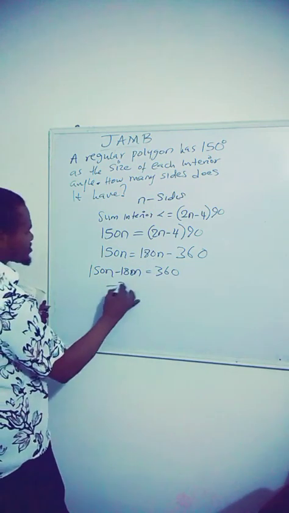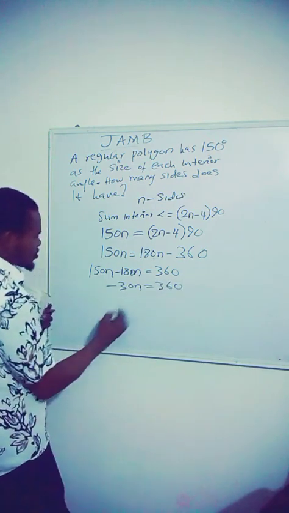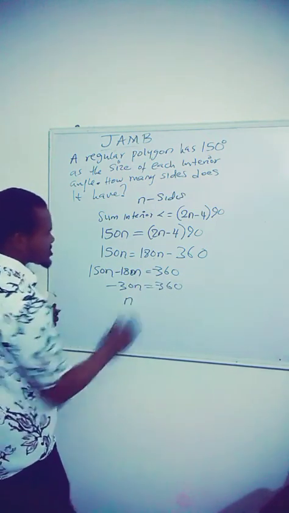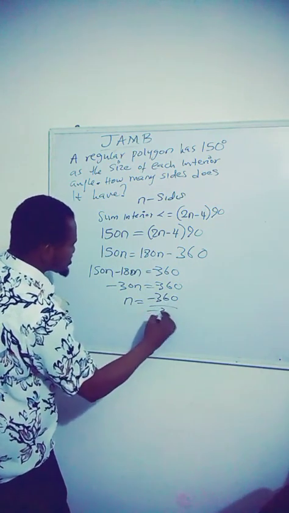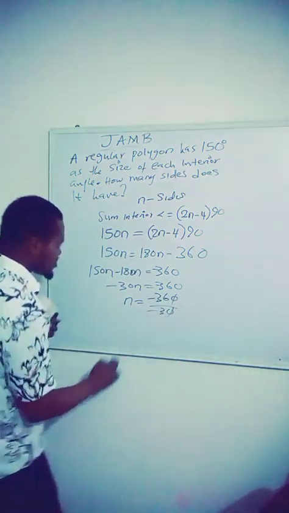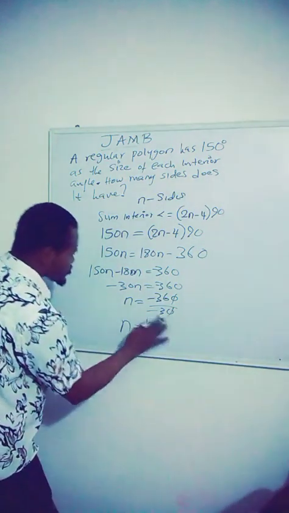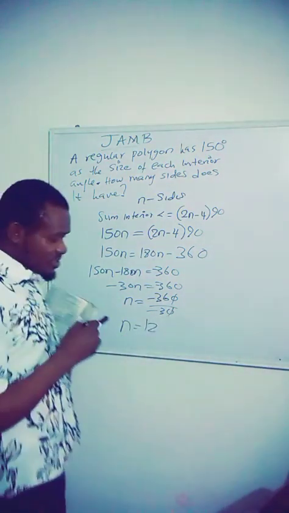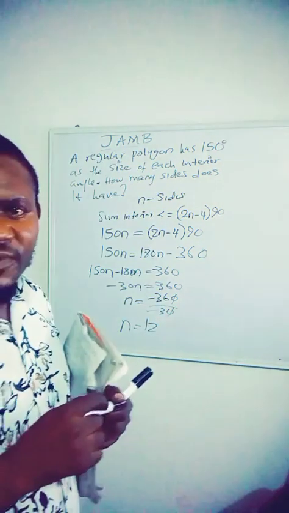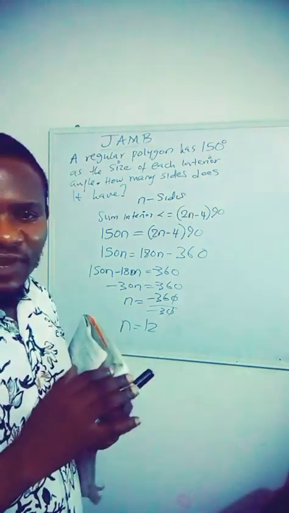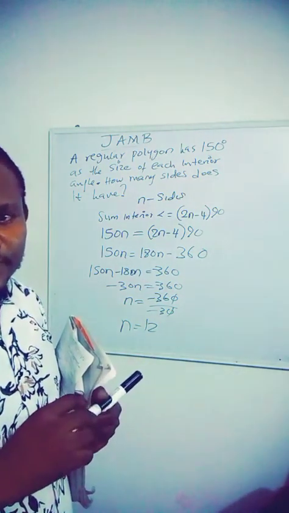So that becomes minus 30n equals minus 360. So n will be minus 360 over minus 30. This cancels. n equals 12. So the regular polygon has 12 sides. Is that clear?